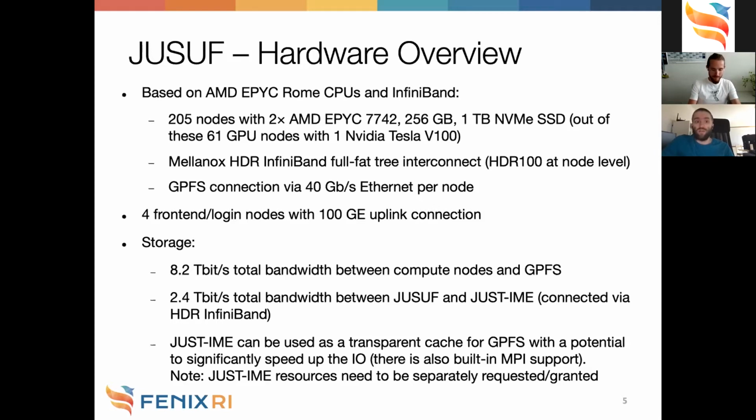Fabric-wise, all nodes are connected via Mellanox HDR InfiniBand, a full fat tree. On the node level, it's HDR 100 in terms of speed, and there's also a 40 gigabit connection to the storage network. All systems at our research center use GPFS.